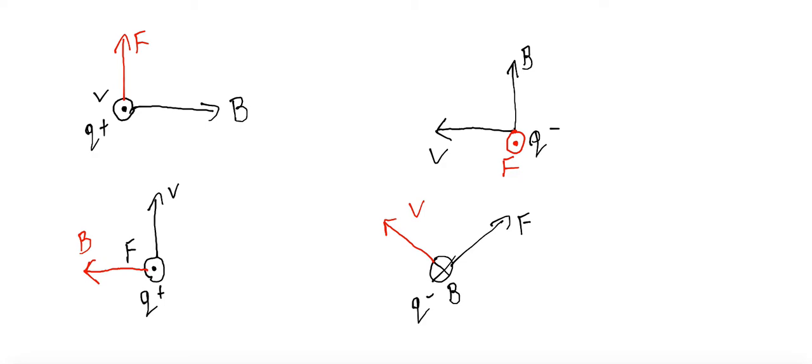Okay, and one more example. Let's imagine that you have 2 long current carrying wires. In the first wire we have current I1, in the second we have current I2. What happens between these 2 wires? When current flows, there is also a magnetic field around the wire. Again, right thumb rule.